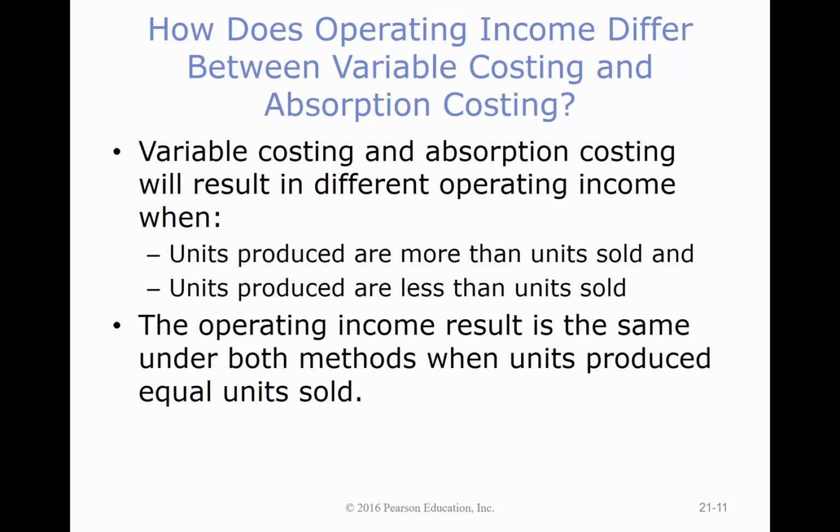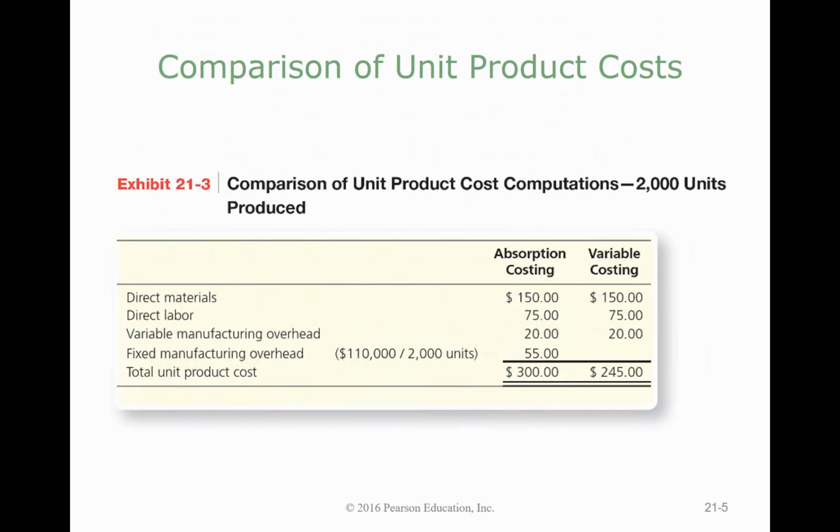So because of this, they're going to give us a different operating income if we produce more units than we sold, or if we produce less units than what we sold. Why? Because let me go back to it.